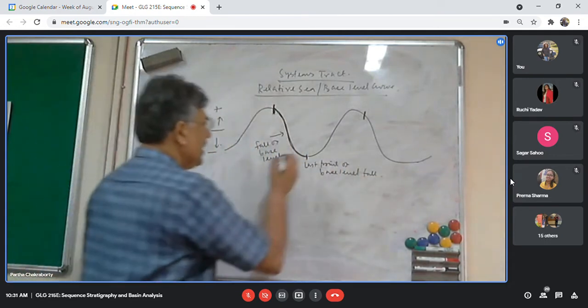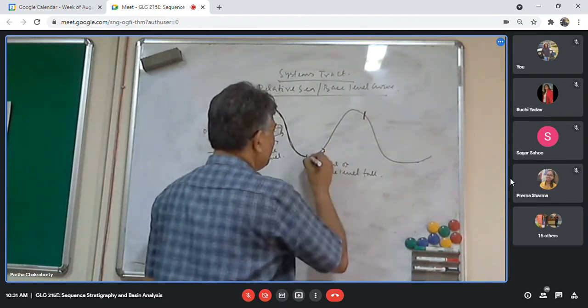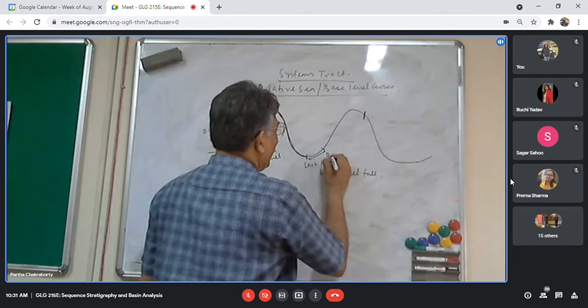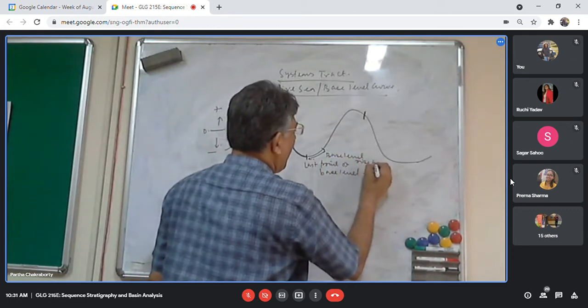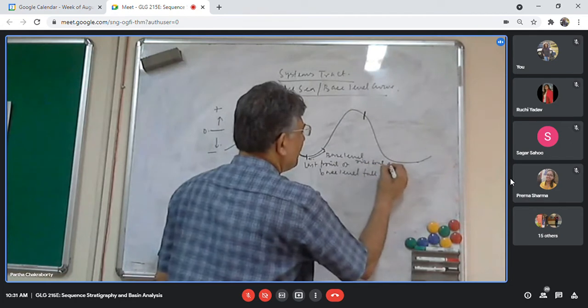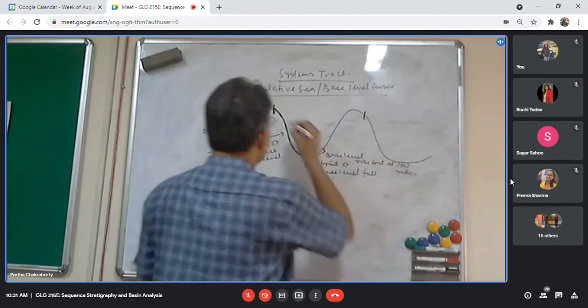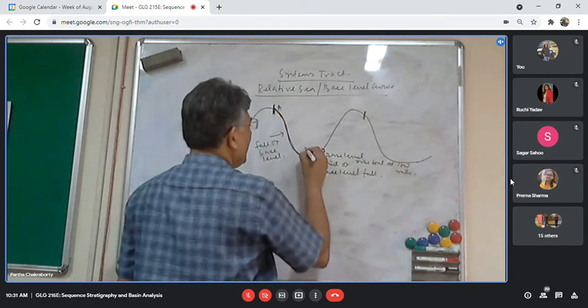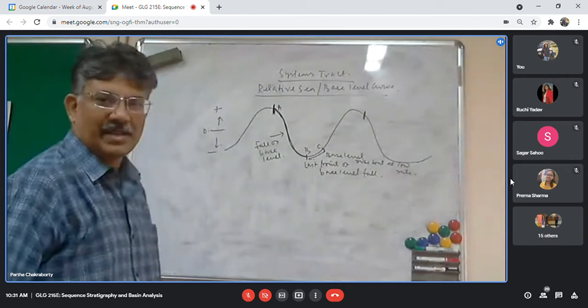Then from here to here, this portion is base level rise but at a low rate. So if it is A, B, C, base level rise but at low rate.